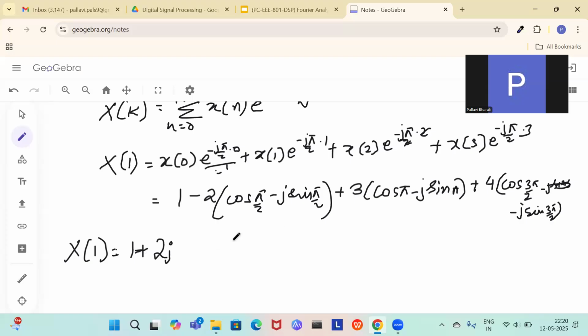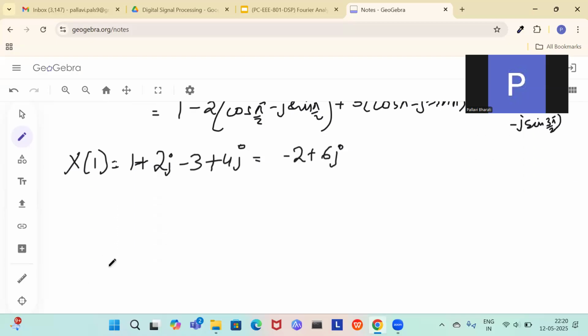So it is minus 3. In this case, this is going to be 0 and this is minus 1. So plus 4j. So finally what you get is minus 2 plus 6j. That is the value of x of 1.